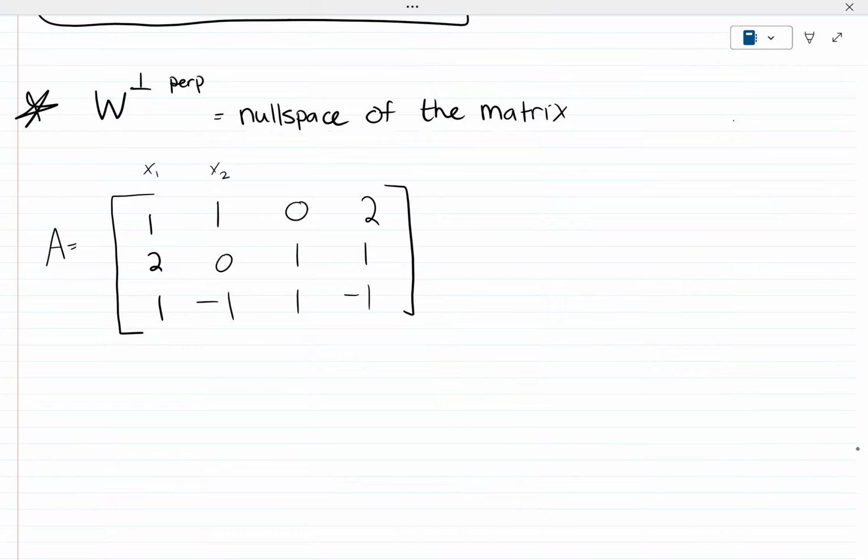This is x1, x2, x3, x4. So basically, the first row gives 1x1 plus x2 plus 2x4 equals 0. And then this row here is going to be 2x1, and then there's no x2, plus 1x3 plus x4 equals 0.